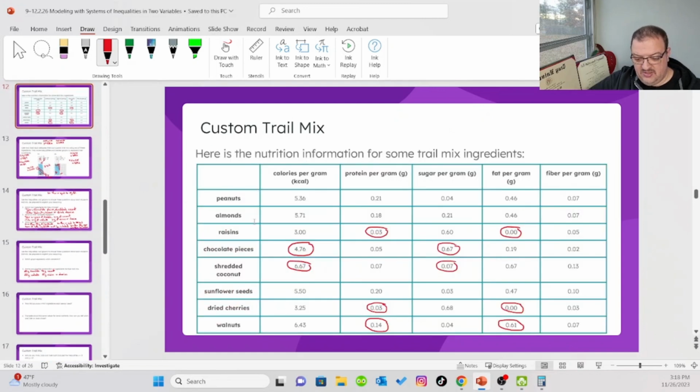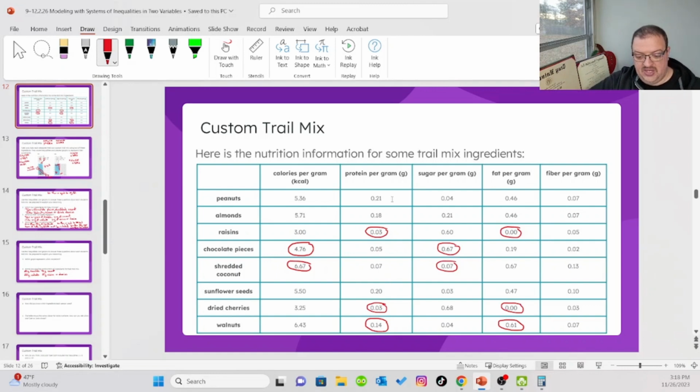There's peanuts, almonds, raisins, chocolate pieces, shredded coconut, sunflower seeds, dried cherries, and walnuts. I am going to choose peanuts and sunflower seeds. I like both of those, and I would want a trail mix that had a lot of protein.